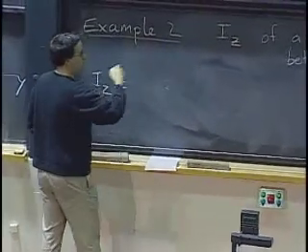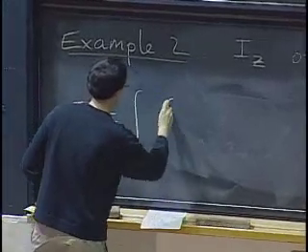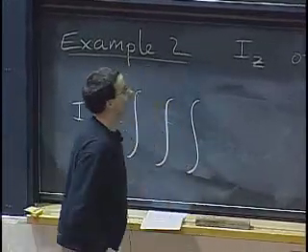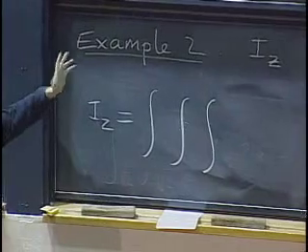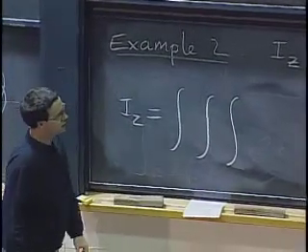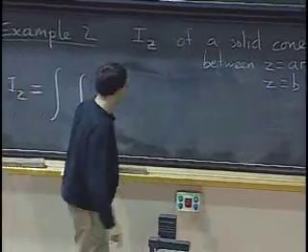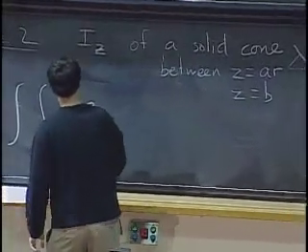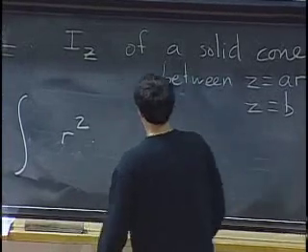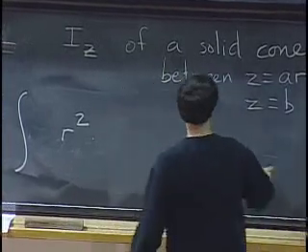Okay, so what's the moment of inertia of this guy? Well, that's the triple integral of, we have to choose x squared plus y squared or r squared. I think I want to use cylindrical coordinates, given the shape. So we'll use r squared. I might have a density, but let's say the density is 1.